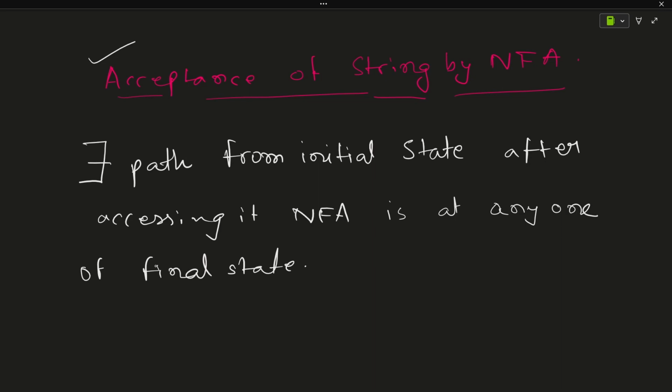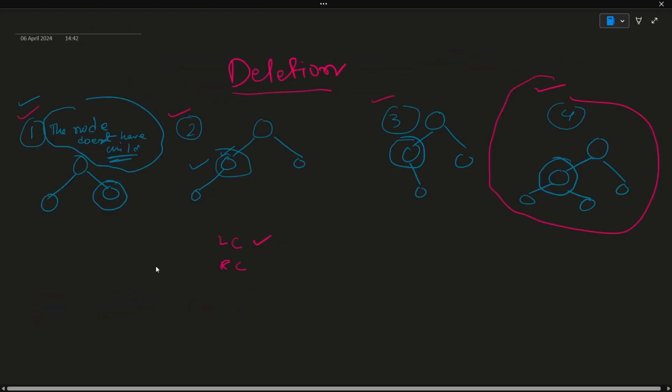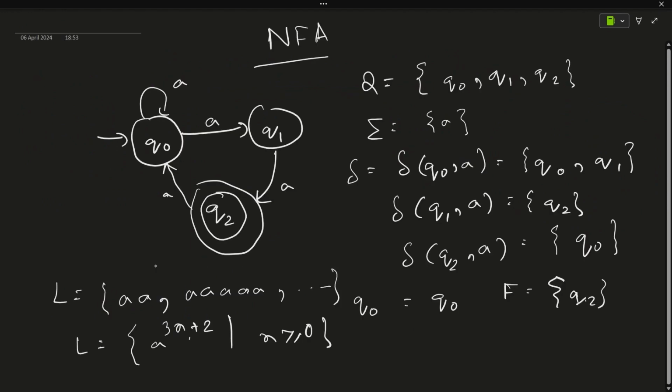And what is the language accepted by an NFA? A language is nothing but a set of all strings. When the set of all strings is accepted by the NFA, then we mean that the language is accepted by the NFA. In this NFA, there are multiple ways of reaching Q2.